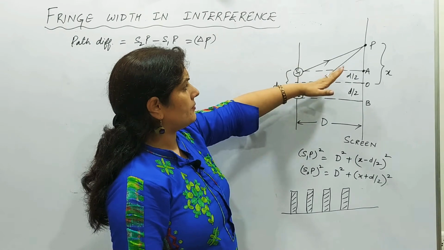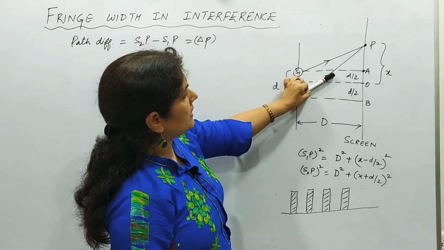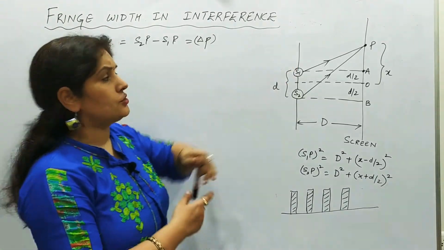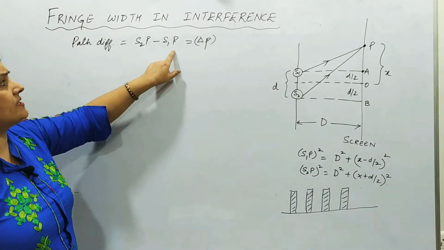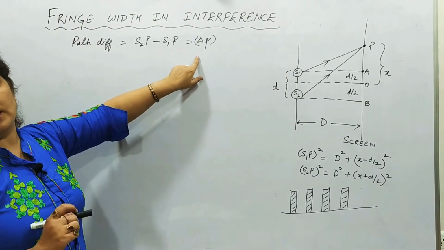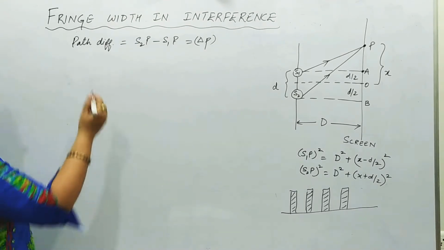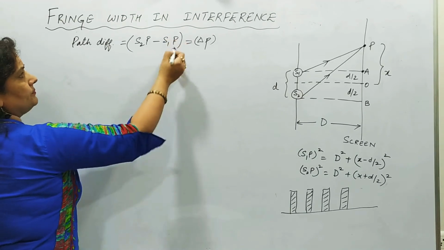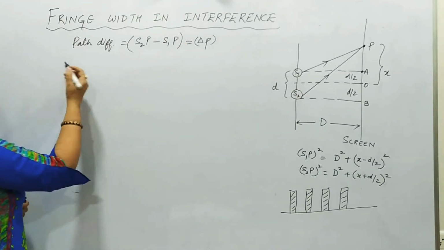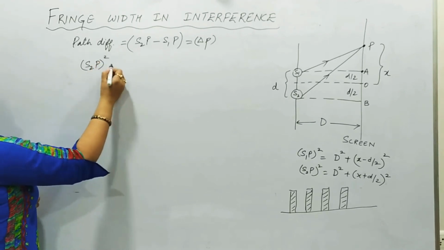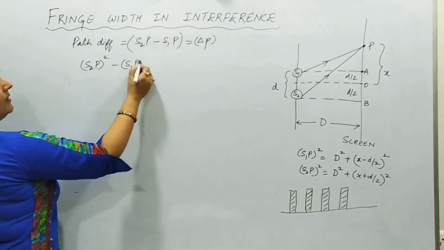So how to find the path difference? This S2P, if taken here, then the extra part here will be the path difference. So let us assume that S2P minus S1P is the path difference, right? In order to find the path difference, we will find S2P square minus S1P square.